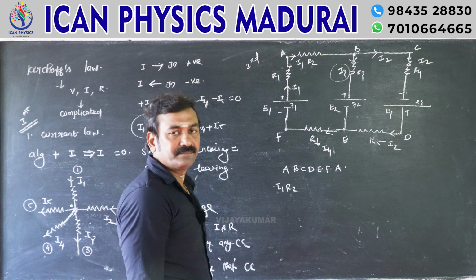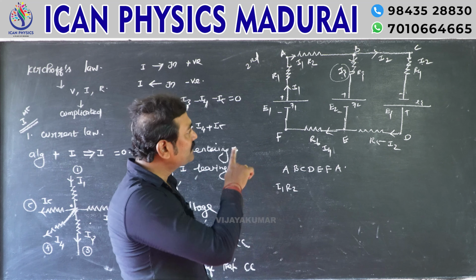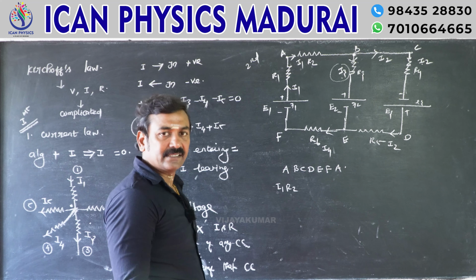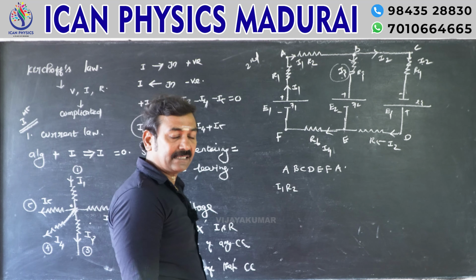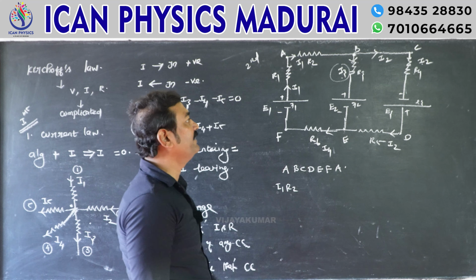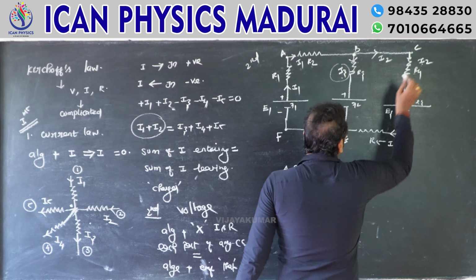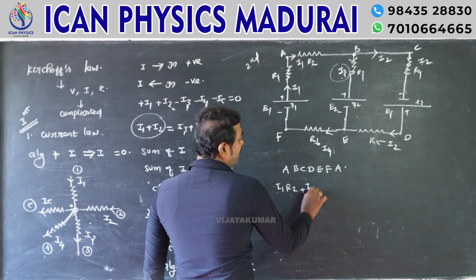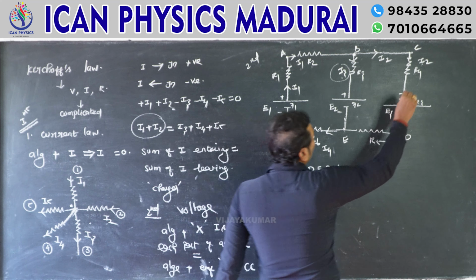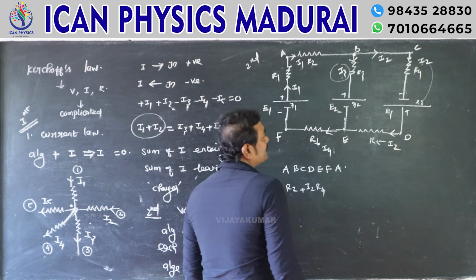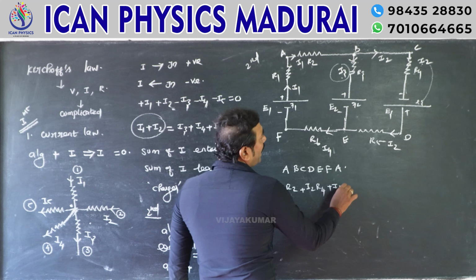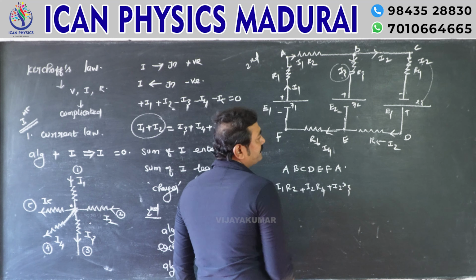From B to C, there is no resistor, so there is no product of current and resistance; we can leave it. From C to D: I2 into R4, and we also have the internal resistance r3, so I2 into r3.